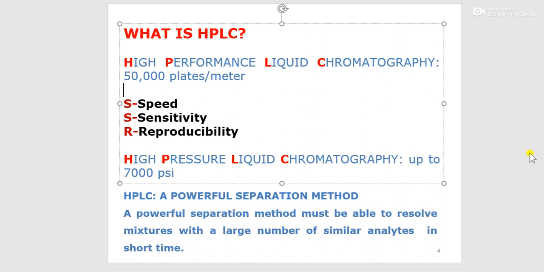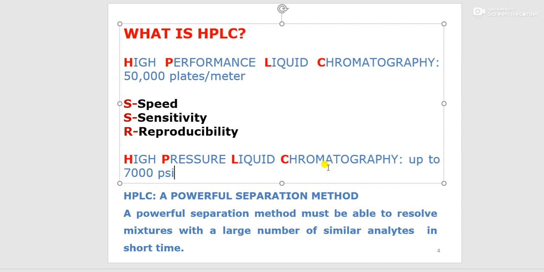It is also known as high pressure liquid chromatography because the pressure involved here is up to or more than 7,000 psi. If we compare conventional column chromatography and HPLC, in conventional chromatography the particle size of stationary phase generally used is 60 to 120 mesh, while in HPLC the particle size of stationary phase is 5 micron, 10 micron.